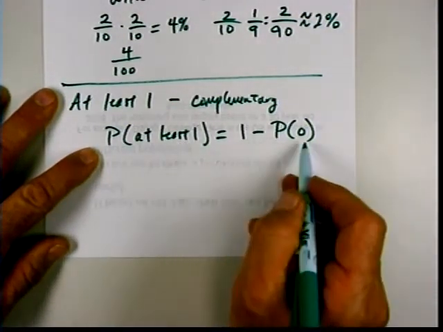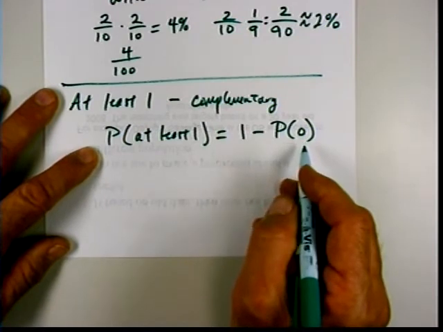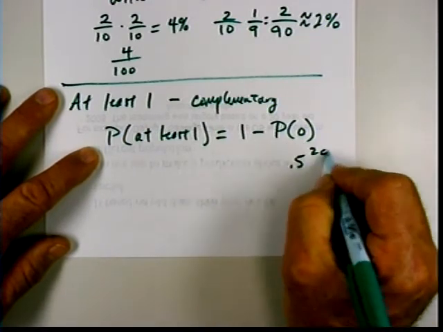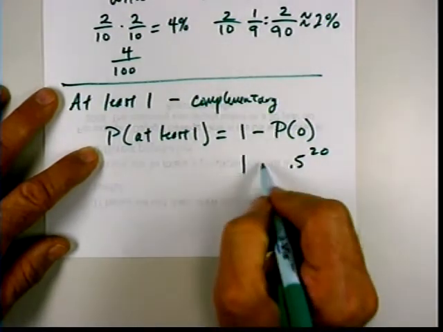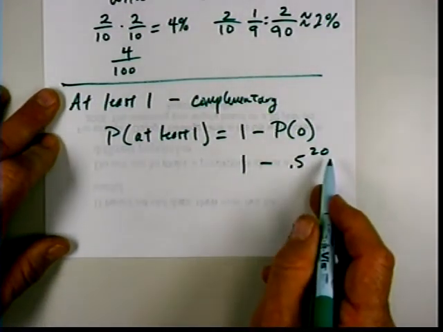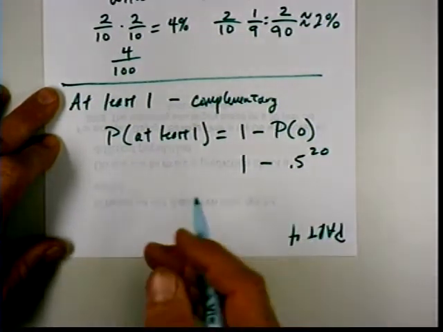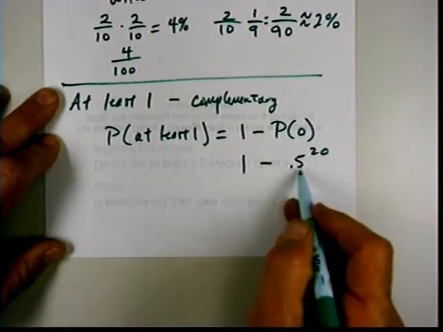But the probability of getting no heads is going to be 0.5 raised to the 20th power. So 1 minus 0.5 raised to the 20th is going to give you the probability of getting at least one head. This is a lot easier to calculate.